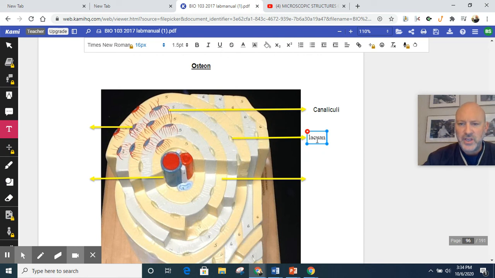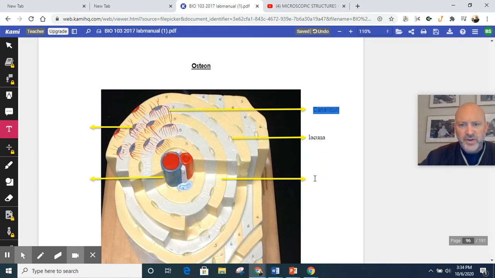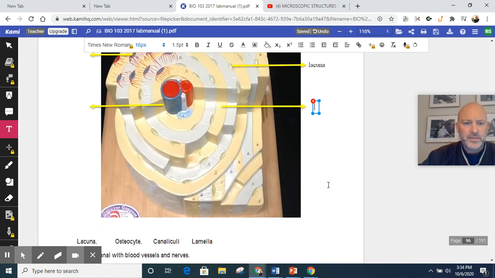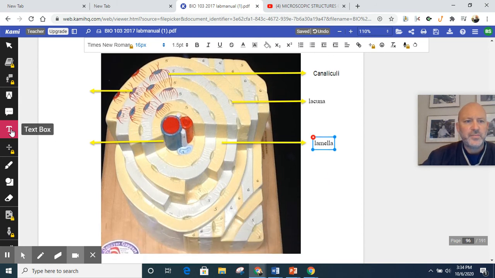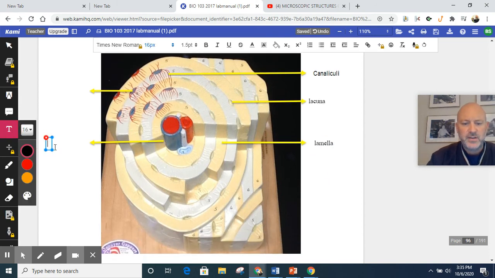It means little lake. These are the rings of the lamella. This is our central cavity, consisting of our artery, vein, and nerves.